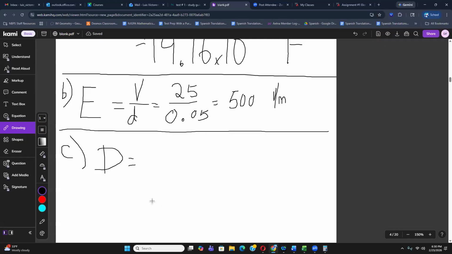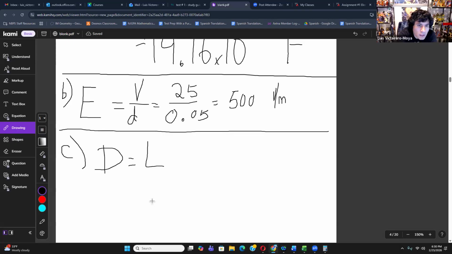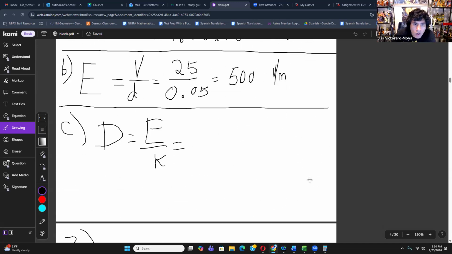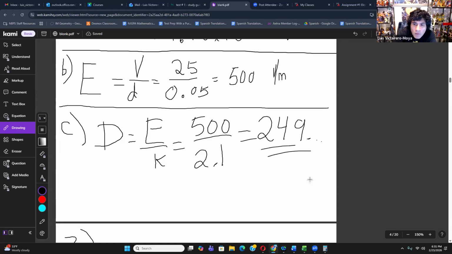Come on, that's simple, E divided by the small k, which is the dielectric constant, given here, 2.1. So 500 over 2.1. That's what, 250? 249.9 maybe? 49 point something volts per meter as well. Okay?